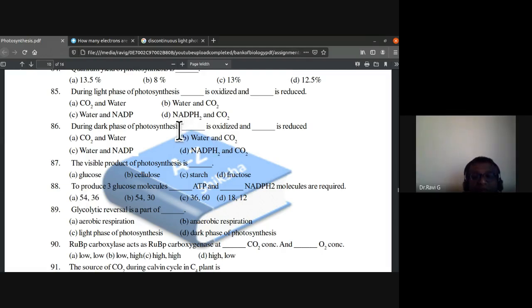Let me see if that option is correct. 86th, the option is D. During the dark phase of photosynthesis, NADPH2 is utilized, isn't it? So reduced NADPH2 is oxidized and carbon dioxide is reduced. So D is the answer. So for 86, D is the answer.